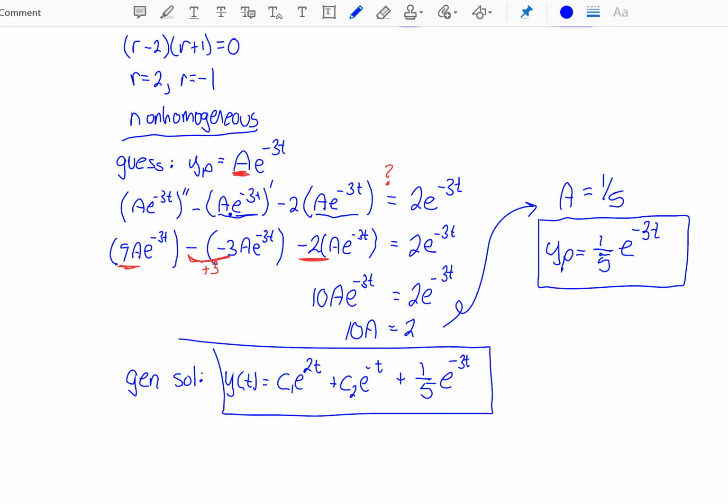This is going to be our general solution. Now remember though, we were given an initial value problem this time. So now we have to go figure out what our constants are.